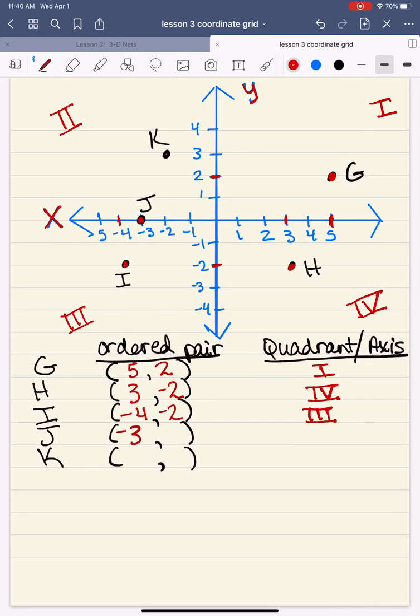It did not move up or down, so the Y is 0. And that would not be just in a quadrant, but it would be on the x-axis. Point K, located here, so it went 2 left and up 3, so -2, 3, and that would be in quadrant 2.